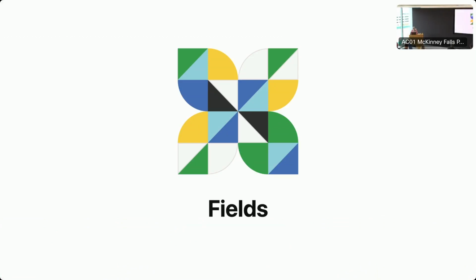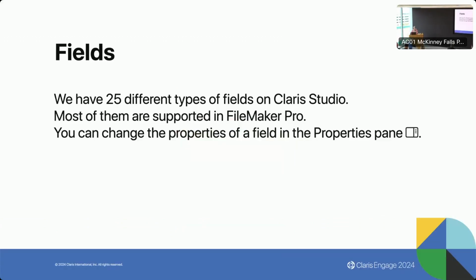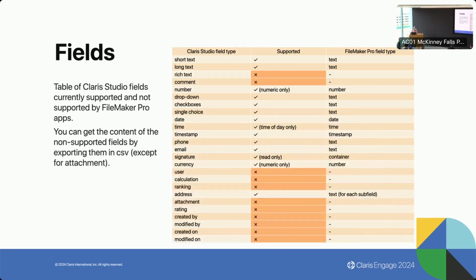Now we are going to talk about fields. There are 25 types of fields, and most of them are supported in FileMaker. So here's the list of those that are supported and not.